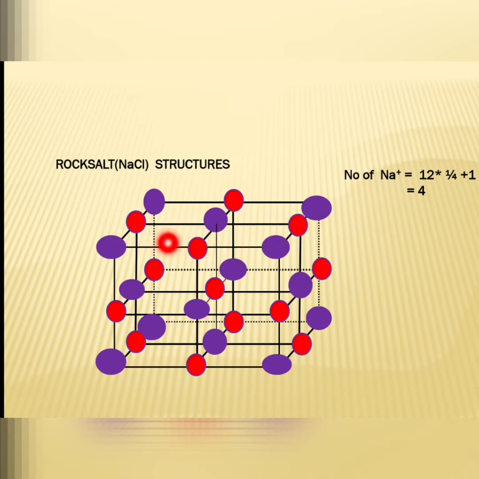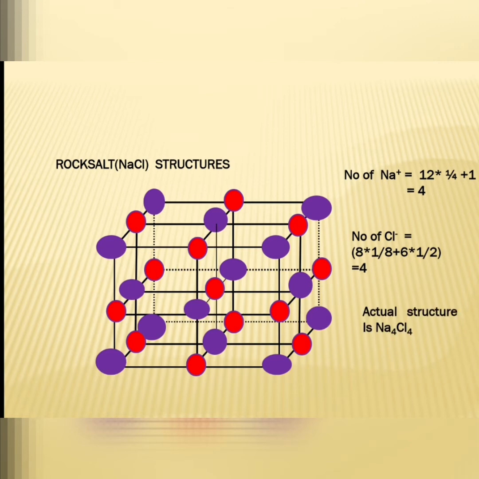Now, what is the number of chloride atoms in the unit cell? It comes from the FCC lattice. One corner is shared by 8 unit cells, so 8 into 1 by 8, and one face is shared by 2 unit cells, so with 6 atoms in the face centered positions, 6 into 1 by 2 equals 3, giving 4 in total. So the number of Na plus ions per unit cell is 4, and the number of Cl minus ions per unit cell is also 4.